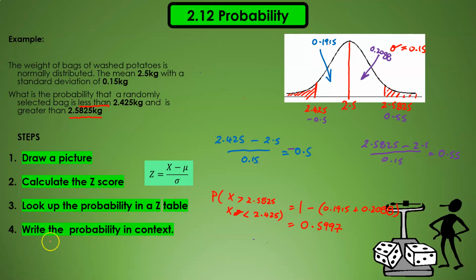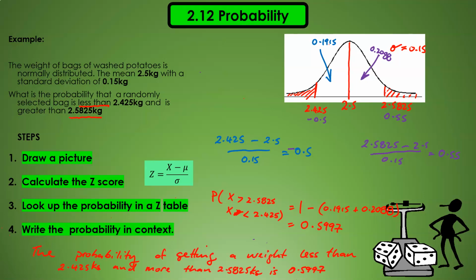So the last step, step 4, write the answer in context. The probability of getting a weight that is less than 2.425 kilos and more than 2.5825 kilos is 0.5997. The key part of the question is finding those areas and taking them away from 1.